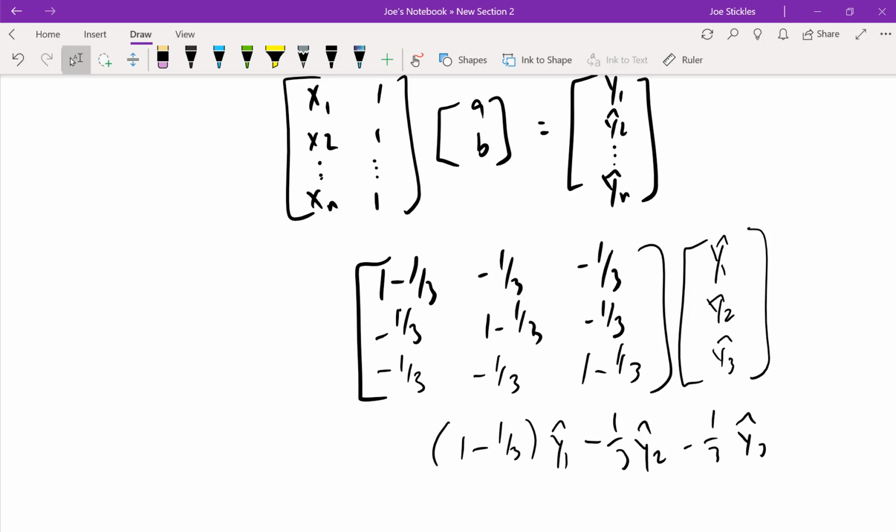May need to finish this next time. Should be okay. We already got through SST. I just need to get you through SSR to figure out the R squared. So that would give us this. I need to see if this is the deviation that I want, then I'm good. Because then I can just multiply it on the left-hand side like we did before and get the sum of the squares, which is what I want. So does this really give me the deviations from, am I doing that right?